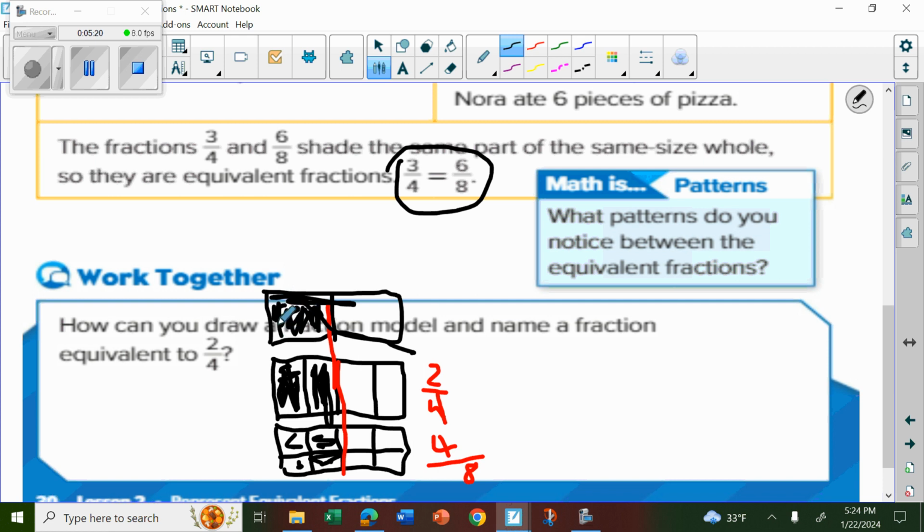Well, how many are shaded? Don't count this over here. I messed up. Okay, yeah, I have 1 out of 2. Well, guess what? All of those are equivalent. They are equal to each other. The same amount of the shape is shaded. Okay? All right, let's go to the next page.